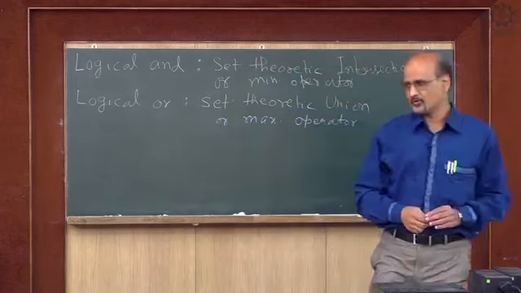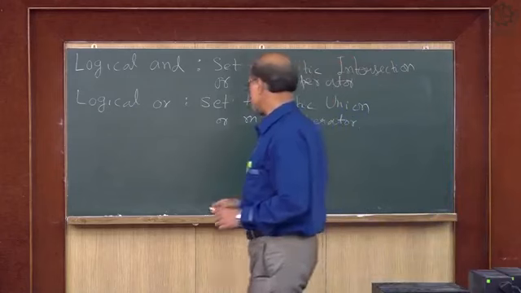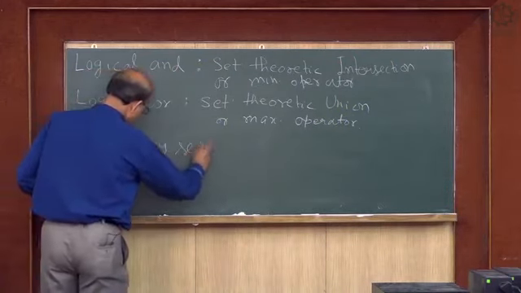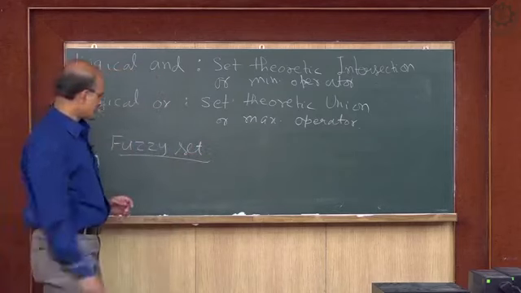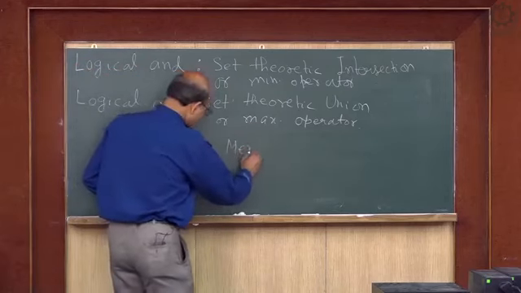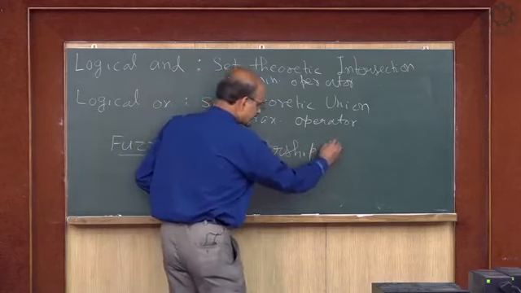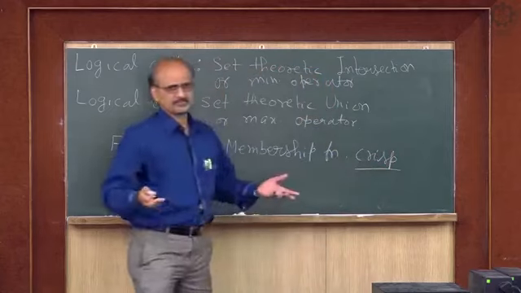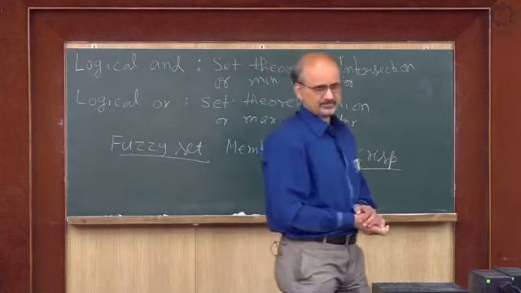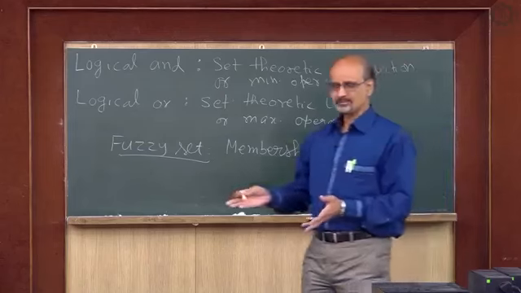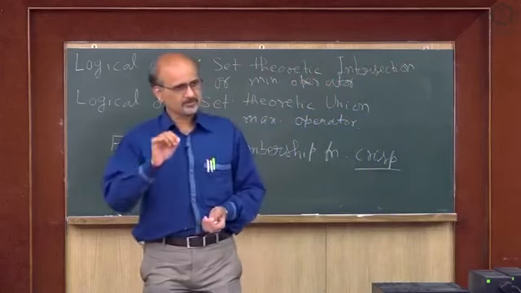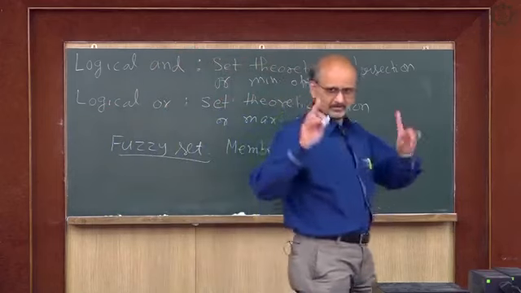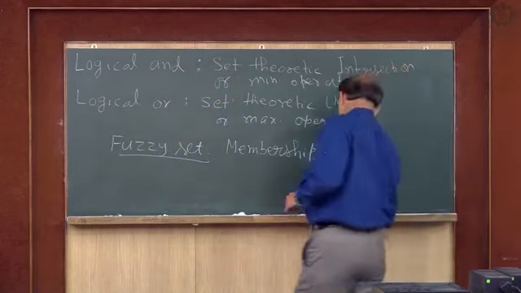Now, whatever we have covered in fuzzy sets, for all the examples we took the membership function as crisp, like 0.1, 0.2, 0.5 or 1, between 0 and 1.